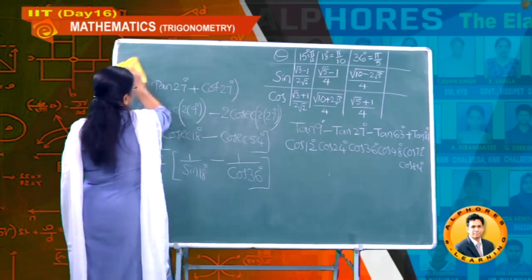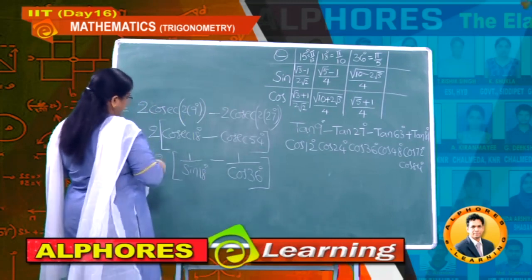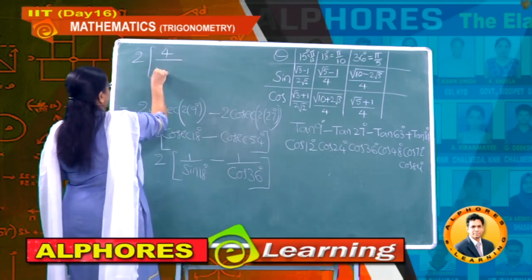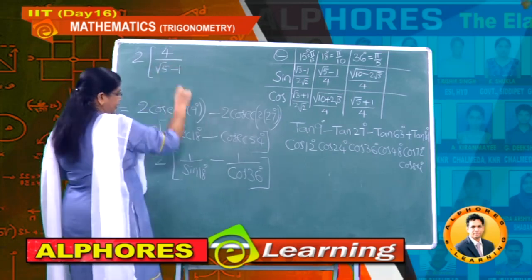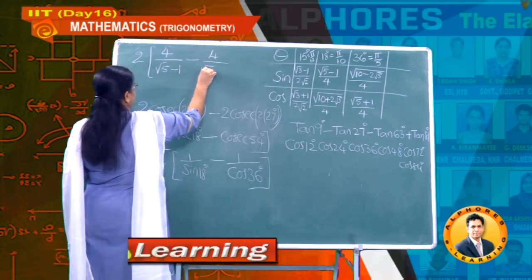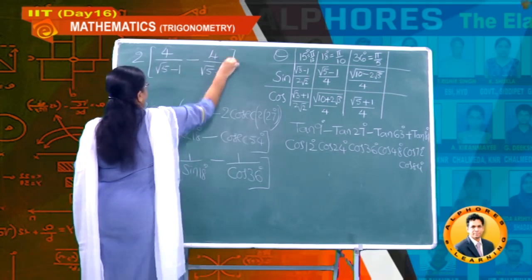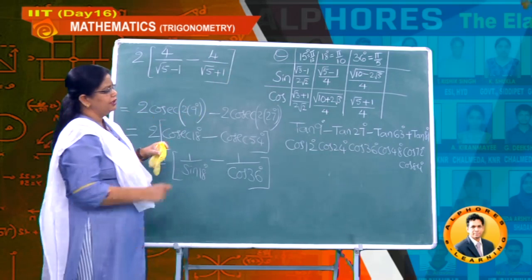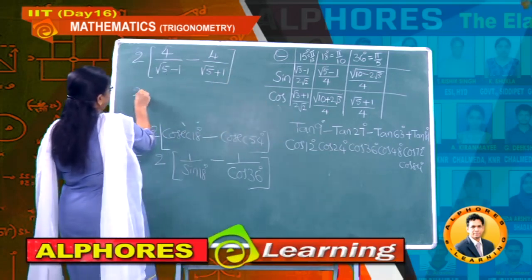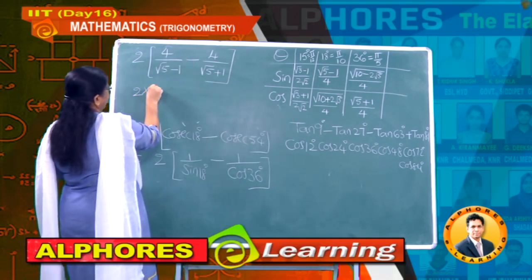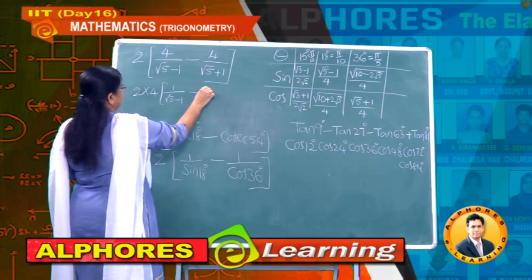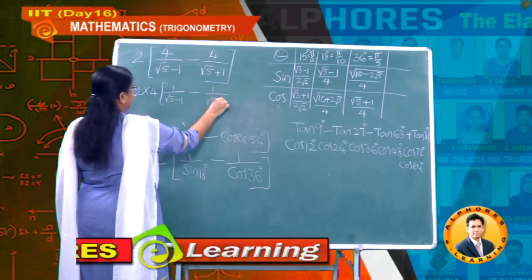Taking the reciprocals, 2 times 4 divided by (root 5 minus 1), minus 4 divided by (root 5 plus 1). Now take LCM and simplify. Taking 4 common, it is 1 by (root 5 minus 1) minus 1 by (root 5 plus 1).